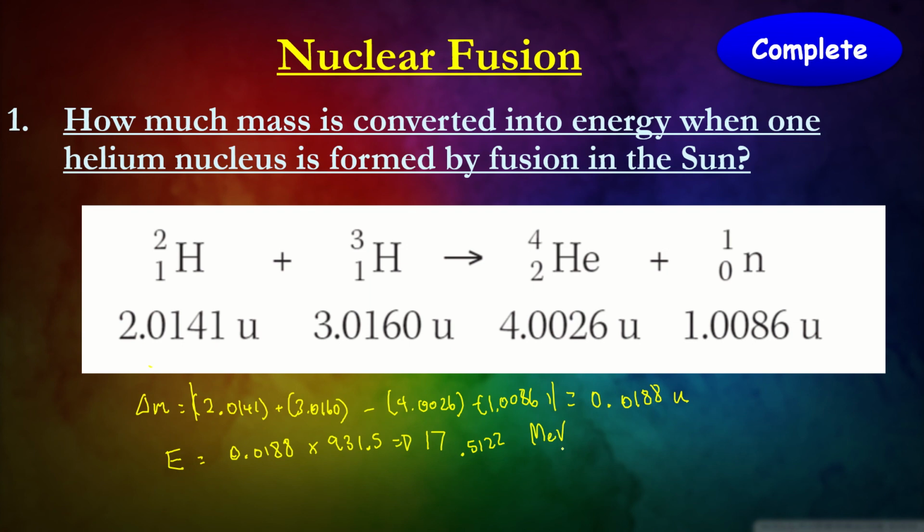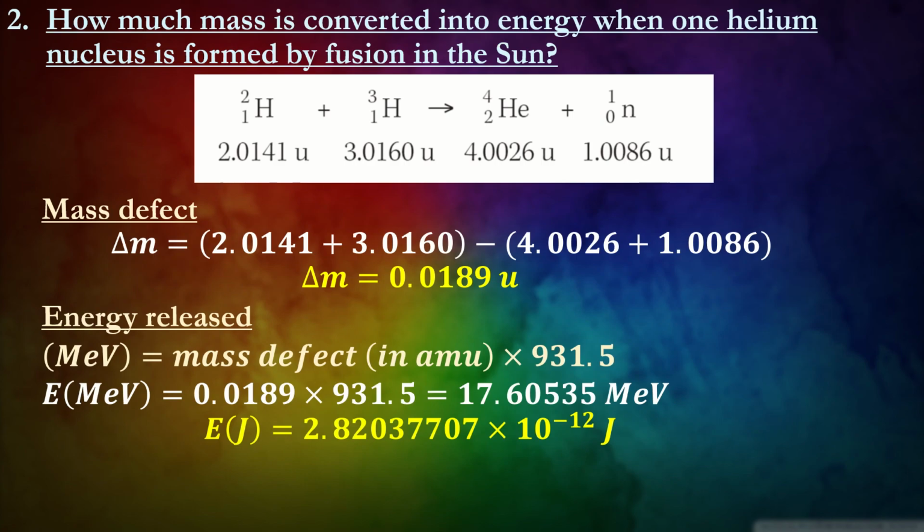If you want to convert this into joules, you need to make sure to times this by the charge of the electron times 10 to the power 6 because of those mega electron volts. Okay, so that's how you do that question there, and that's given to you in those units.